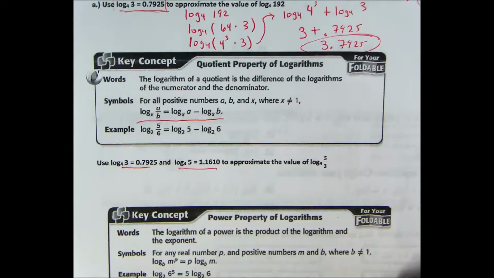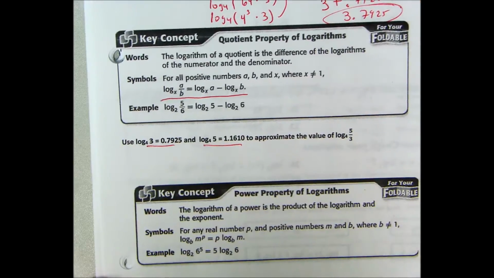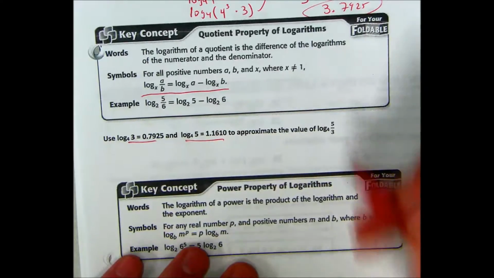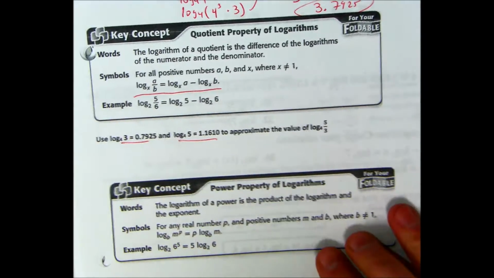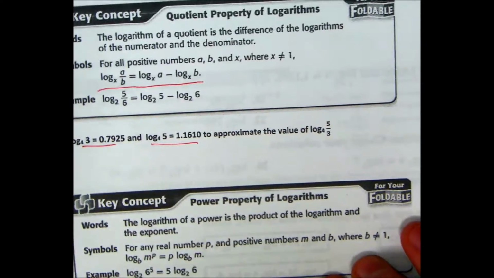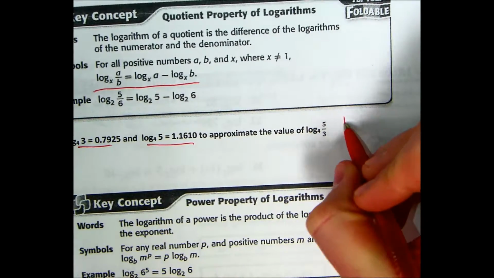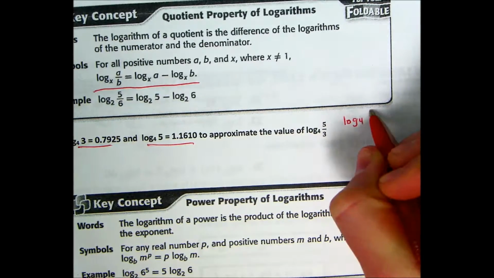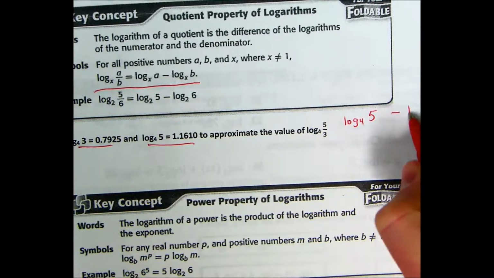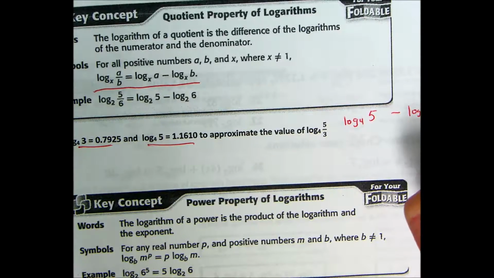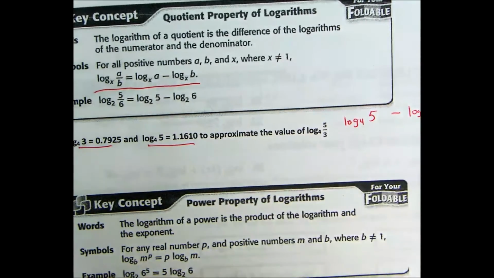And here's our problem. What I'm going to do is use this property like so. So we have log base 4 of 5 minus log base 4 of 3. That we know what the decimals are there on our left side.